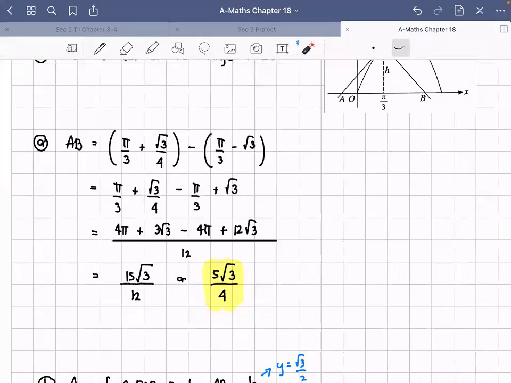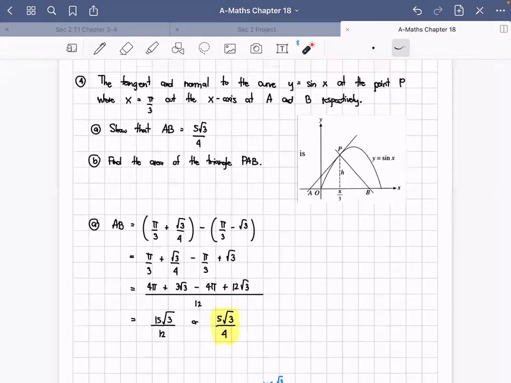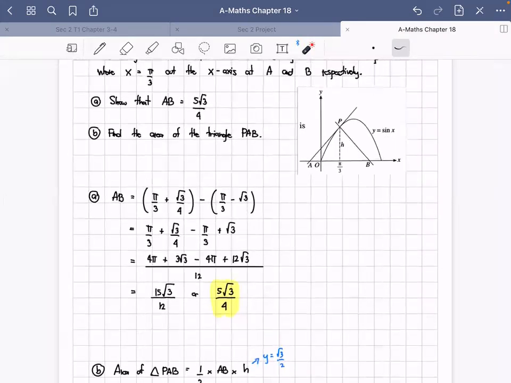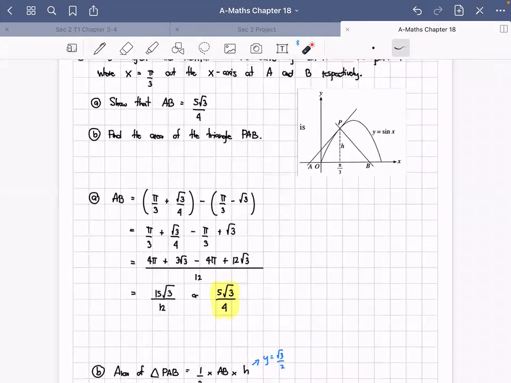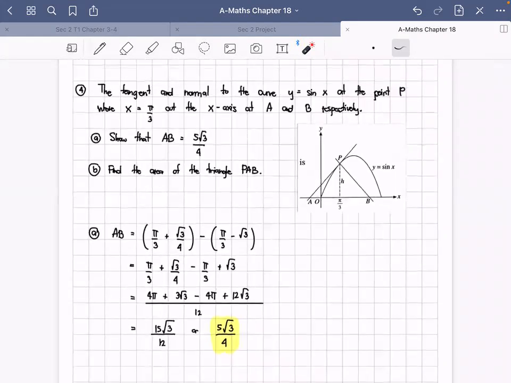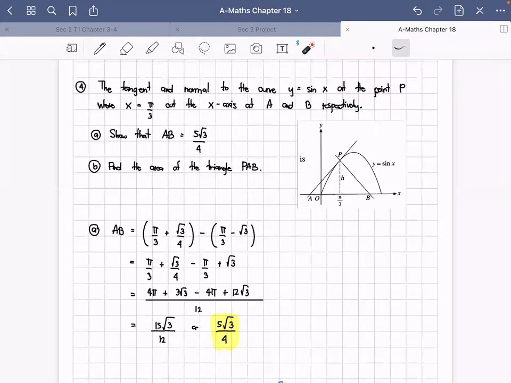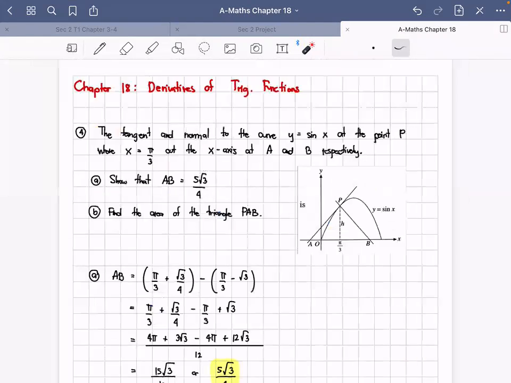That is just letter A, showing that AB is equal to 5 root 3 over 4. I know it's too long, because the book here has too many shortcuts. But if you get what's in the book, it's totally fine.